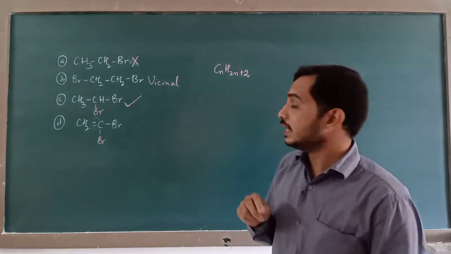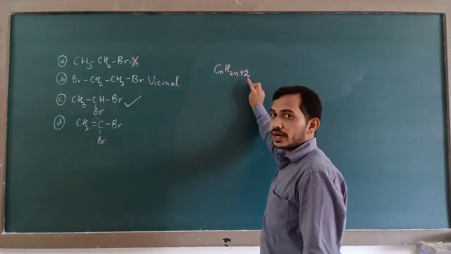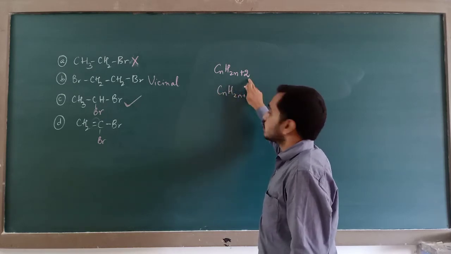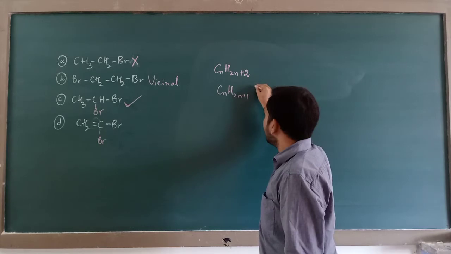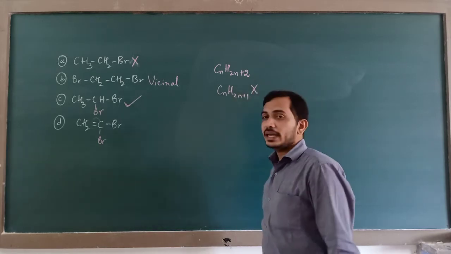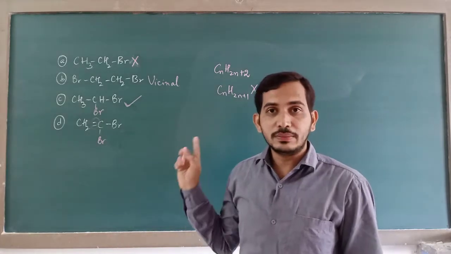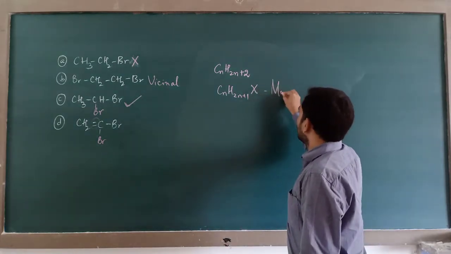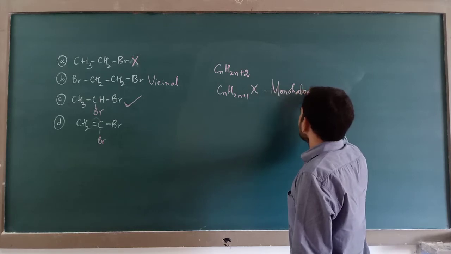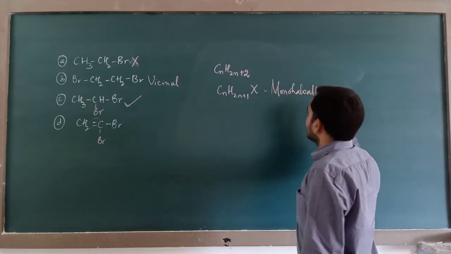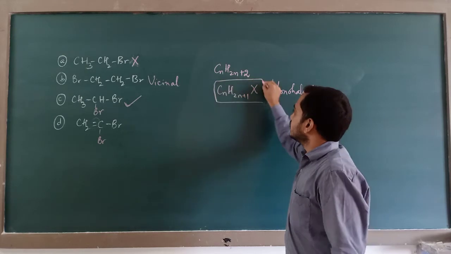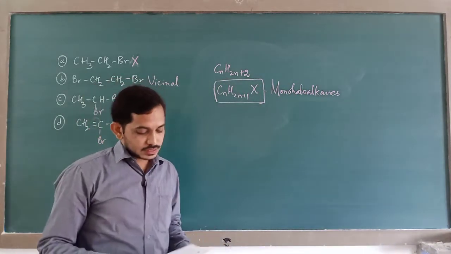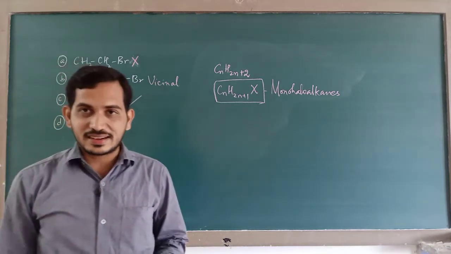So keeping that in mind, if I am substituting at least one hydrogen, then what will be the formula? CnH2n+1, because I have replaced one hydrogen and in its place I am substituting it by a halogen. So this will be one basic formula for haloalkanes, especially monohaloalkanes. Monohaloalkanes have this formula CnH2n+1X. So out of the 4 options, the first option is the correct answer.